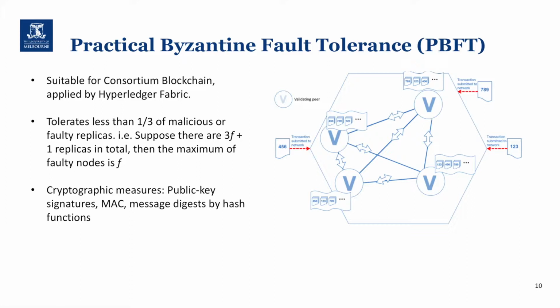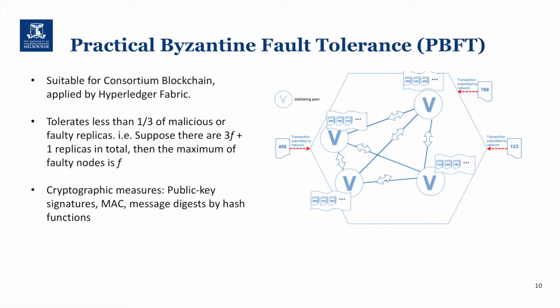Now comes PBFT, Practical Byzantine Fault Tolerance. It is very suitable for a consortium blockchain such as the one applied by Hyperledger Fabric. Hyperledger Fabric is a famous consortium blockchain developed by IBM. The PBFT algorithm tolerates less than 1/3 of malicious or faulty replicas.